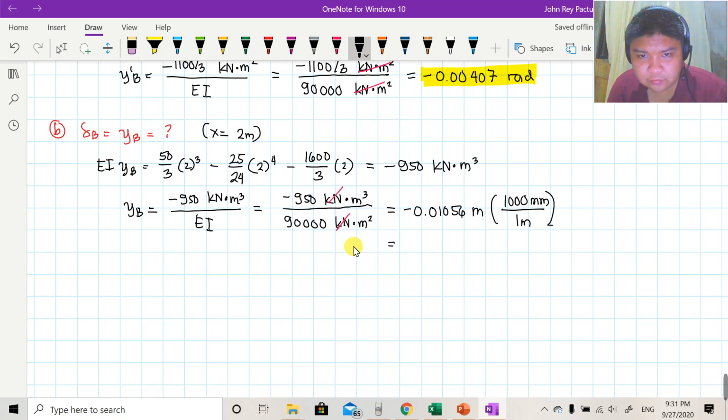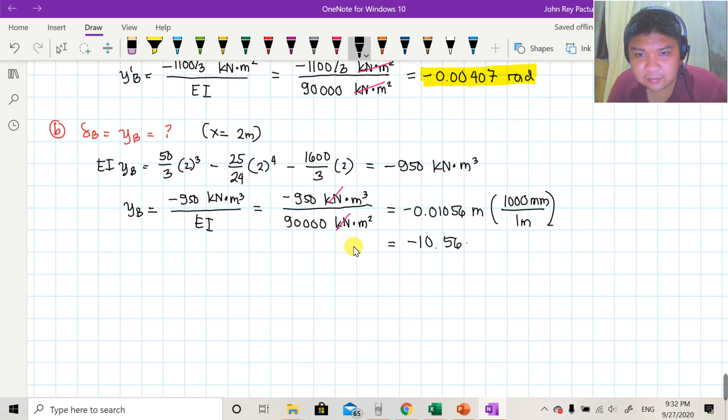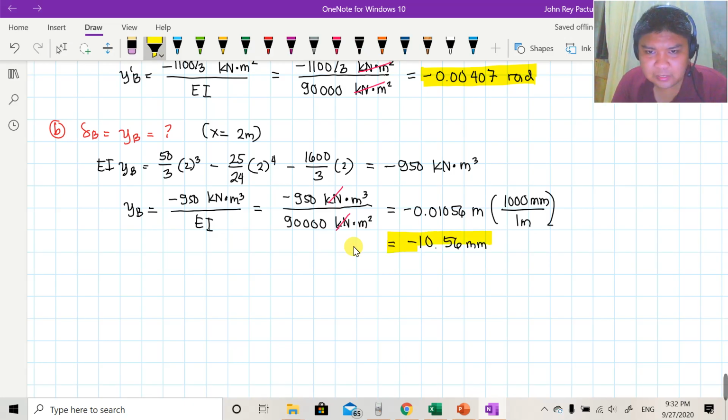So, therefore, ang mangyayari that is negative 10.56 mm. So, ito class yung deflection natin sa B. So, I hope no that is clear. So, usually naman talaga, millimeters yan. Kasi nga dapat hindi sobrang lakas ng deflection nyo dahil kung malakas yan, delikado ang structure nyo class. Okay, so I hope that is clear na.